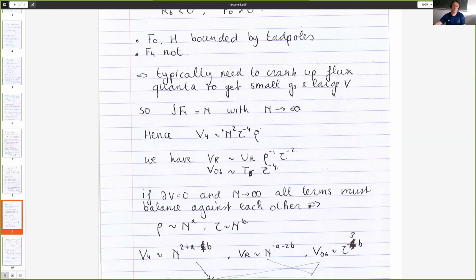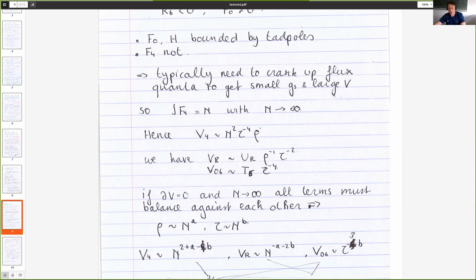Is that clear to you? If you just look at the potential, if this goes to infinity, and if you want the minimum, then this must balance against this and this. They all have to scale with n to some power, right? So this must mean that the critical point must be such that rho scales with n to some power a, and tau with n to some power b.